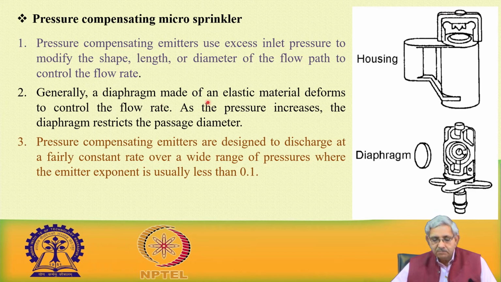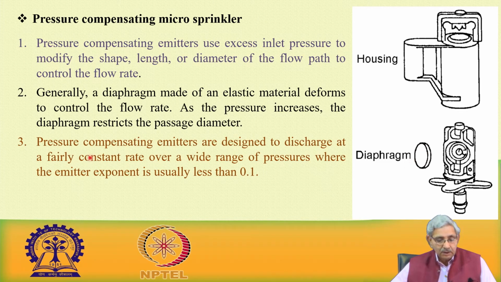A diaphragm, which is placed over here, is made of an elastic material which deforms to control the flow rate. As the pressure increases, the diaphragm restricts the passage diameter. This is the beauty of this particular device.